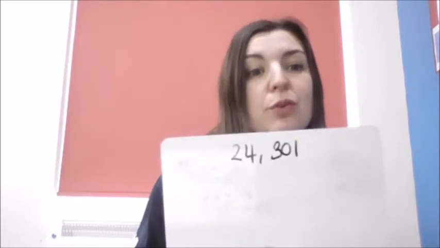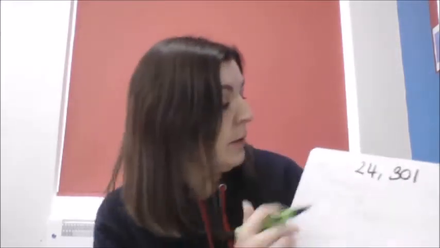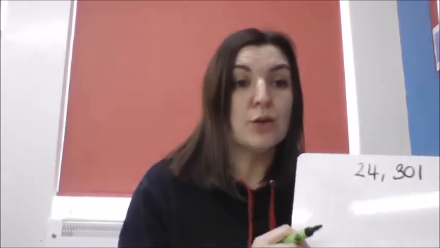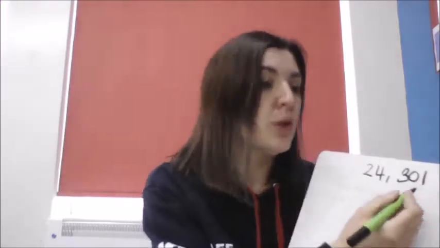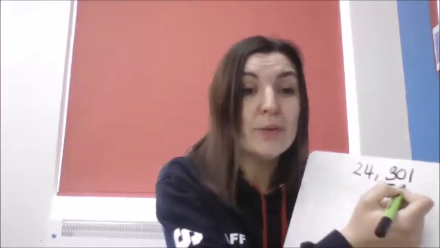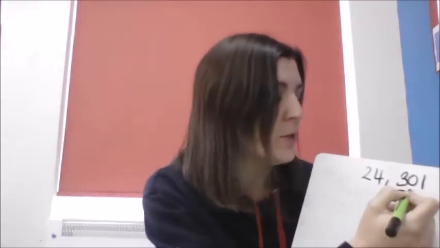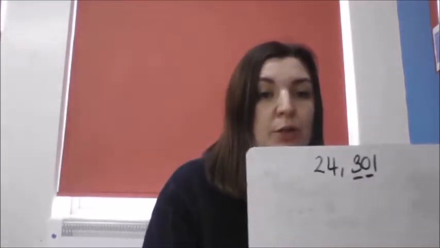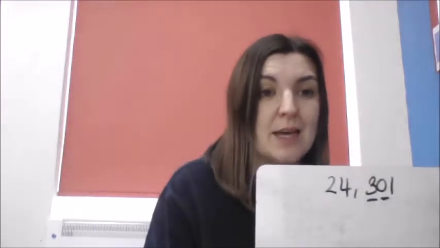So your first bit, you've got to round to the nearest 100, okay? So this is the first number, so I'm going through the first one with you. You've got 24,301. Now we're rounding to the nearest 100, so we need the hundreds column, but I also need, when I'm rounding, the next column as well. So these are the two columns that I'm going to be looking at, the hundreds and the tens.